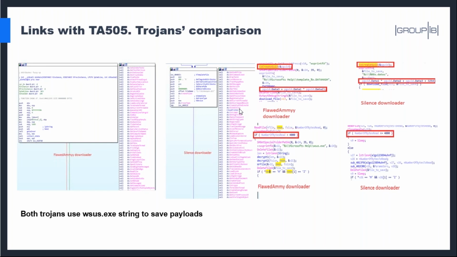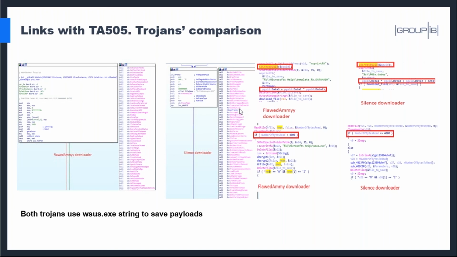We decided to compare these Trojans and found that they have very similar functions. For example, both of them have consecutive calls of API functions which don't change any execution logic, and they just use them to avoid detection by defense systems like sandboxes and antiviruses.